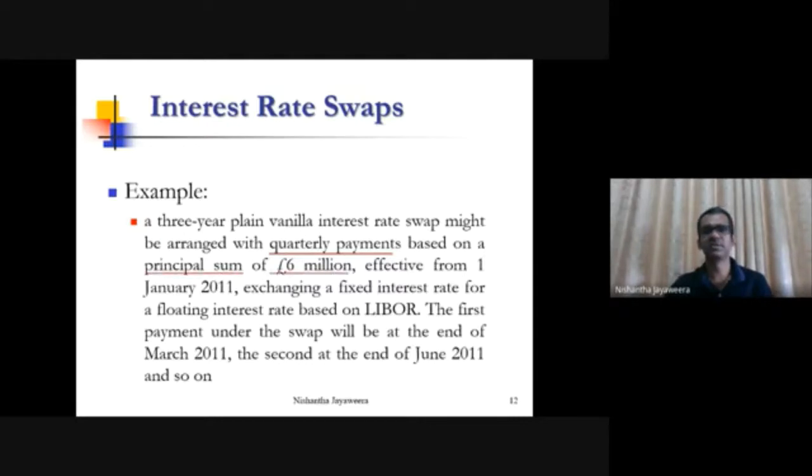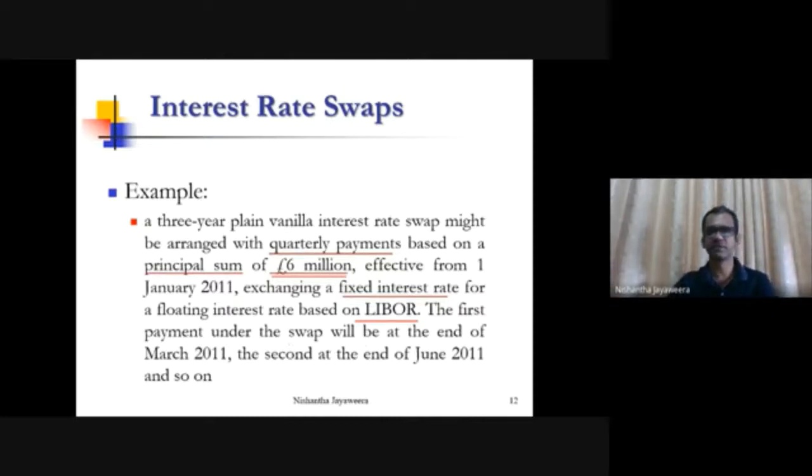In this example, it is 6 million sterling pounds. So in this case, one party agrees to pay a fixed interest rate on the 6 million pounds, and the other party is willing to pay an interest based on the LIBOR on sterling pounds. That's how it works.